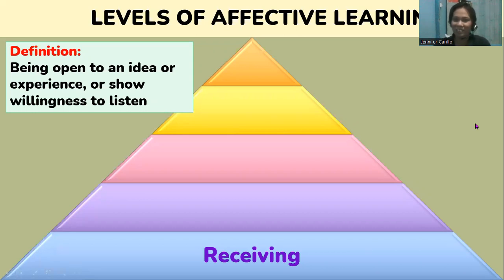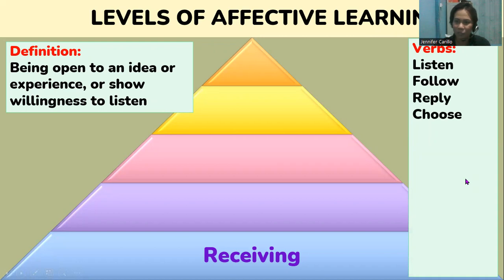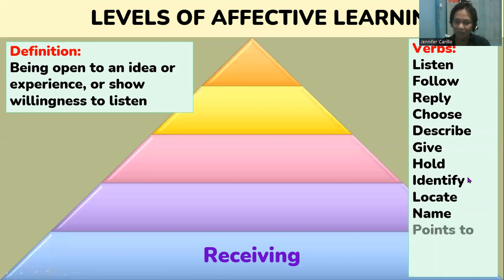Are you open-minded? So what are the verbs that we can use to develop the skills in receiving? Listen, follow, reply, choose, describe, give, hold, identify, locate, name, points to, select, and ask.